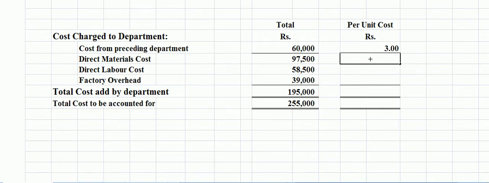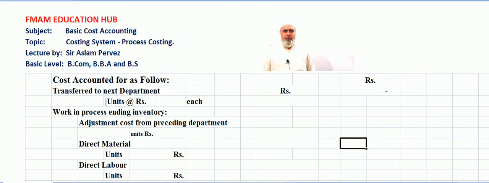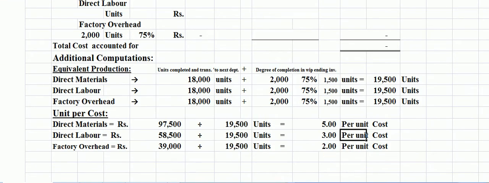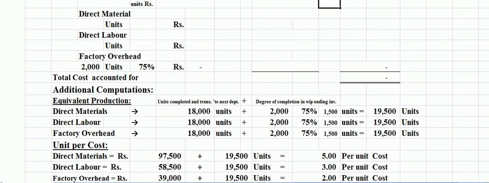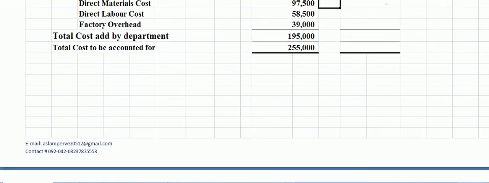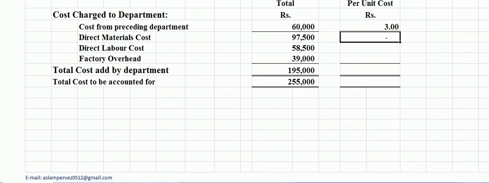Then we have to add here the per unit cost as a material, same as direct labor, same as factory overhead.